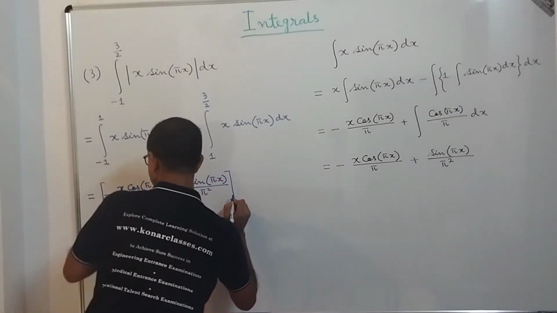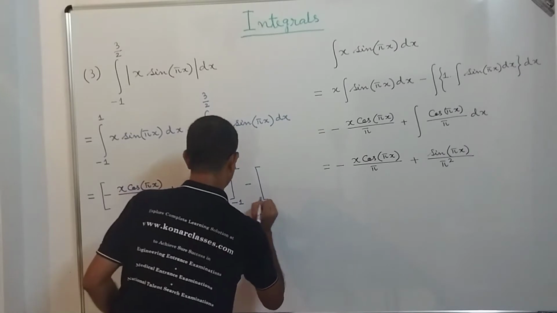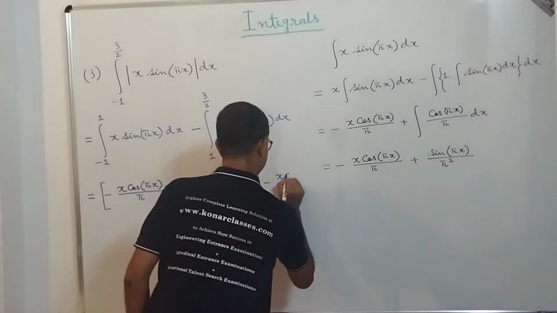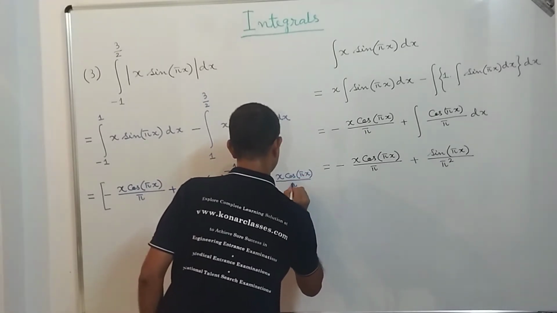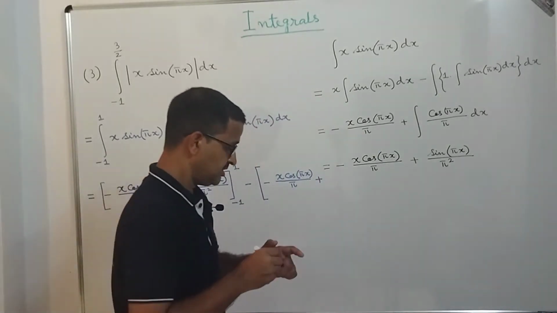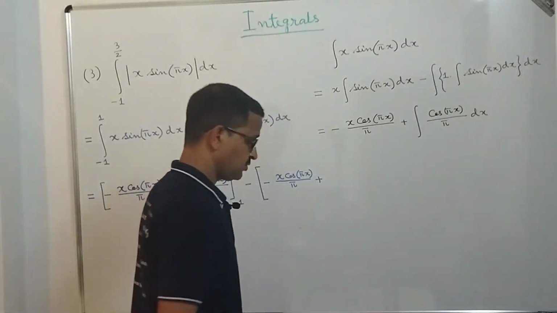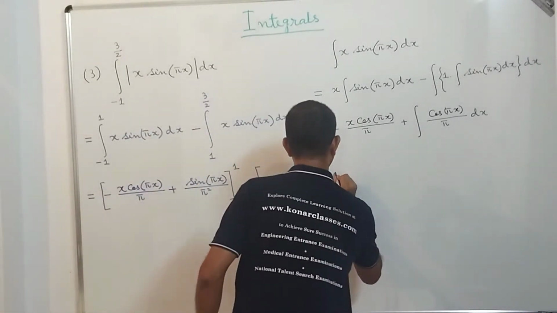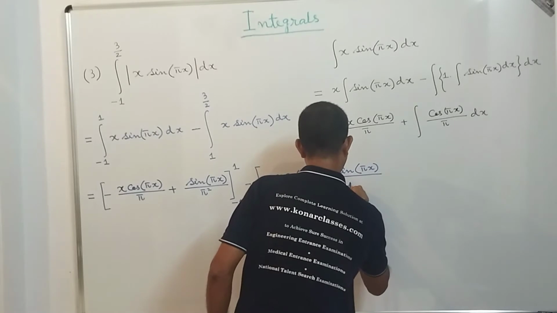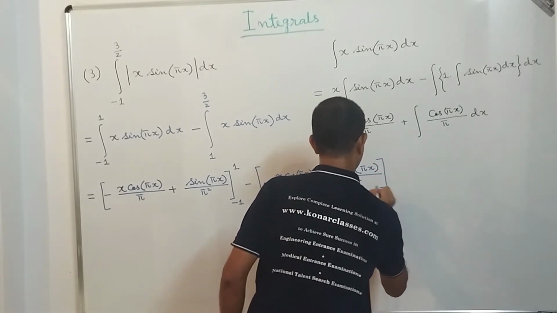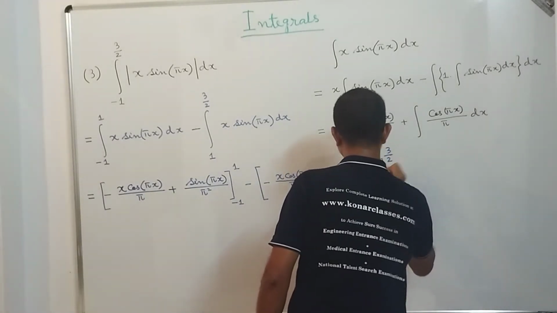The limit of integration here is from -1 to 1, minus minus x cos pi x divided by pi plus sin pi x divided by pi square, and we get it from 1 to 3 by 2.